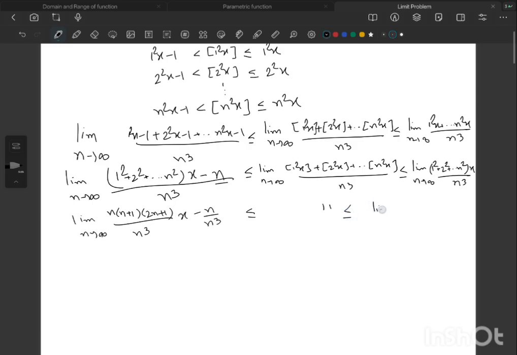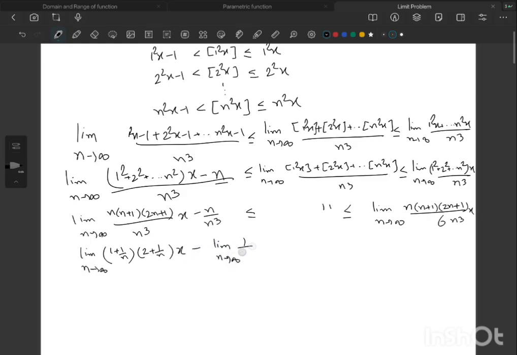Now take n common out from the three brackets and cancel, so it becomes 2 plus 1 by n, divided by 6, into x, with the limit n tends to infinity.